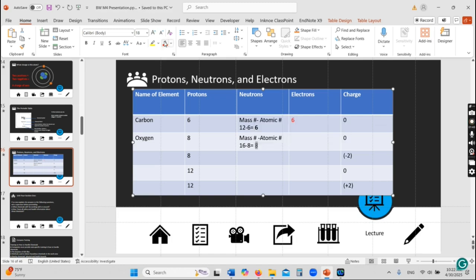Now, let me make that the same color as it was before. My OCD demands it. All right, so if we have $8 in our bank account, because we have 8 protons, and we come out with $0, how much did you spend at the store? You spent $8. And that's your number of electrons, because our charge is 0.